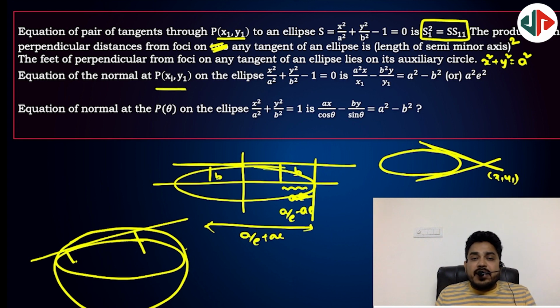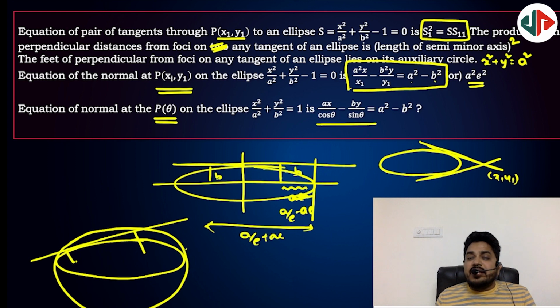Equation of normal at x1, y1 is a square x by x1 minus b square y by y1 is equal to a square minus b square, or a square minus b square can be written as a square e square. And the same normal at the parametric point theta: ax by cos theta minus by by sin theta is equal to a square minus b square.